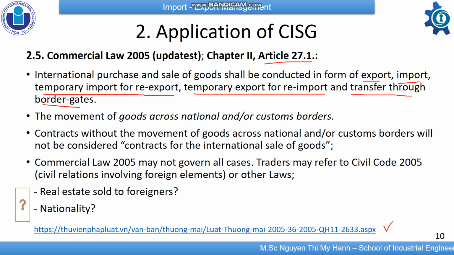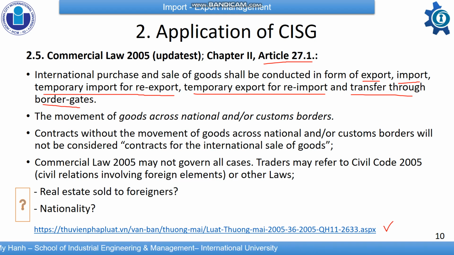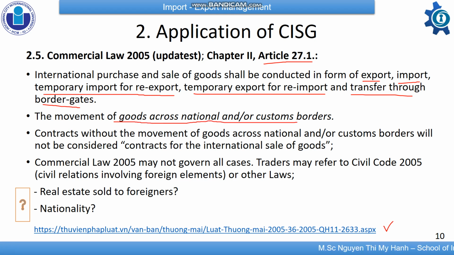Okay, that is the definition, the determination of the CISG will be conducted. So the most important here is the movement of goods across the national or the custom borders.